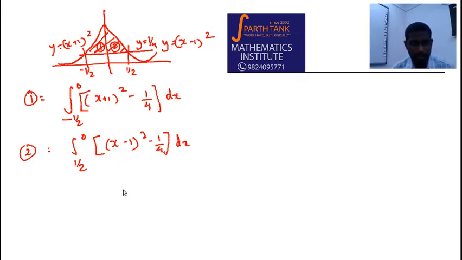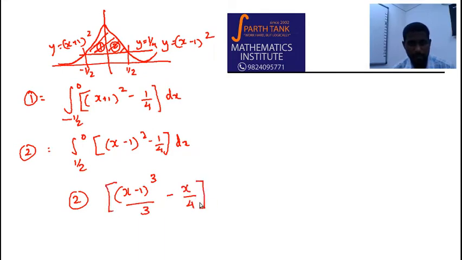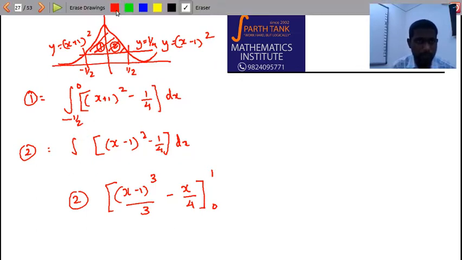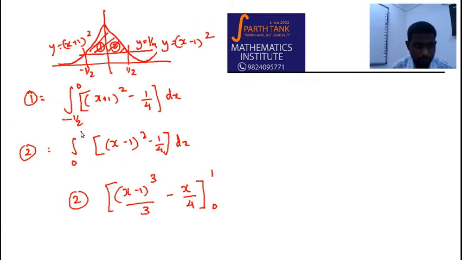So the integral of (x minus 1) the whole square, I am finding only area 2, is (x minus 1) the whole cube by 3 minus x by 4. From 0 to 1, or sorry, these limits, there has been a mistake, it has to be 0 to 1 by 2.